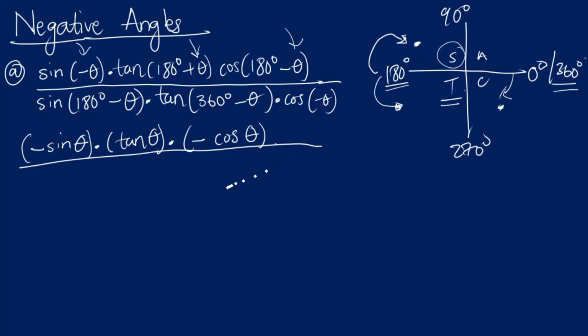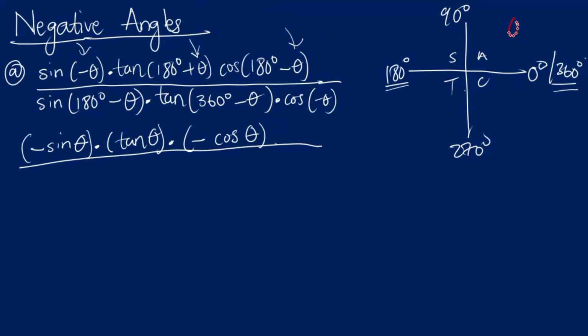So we go to the denominator, 180 minus theta. When we remove theta from 180, we land here. This is the quadrant. Let me label this quadrant, let me label them so that you see them. It makes things easier. Let's use a red pen.